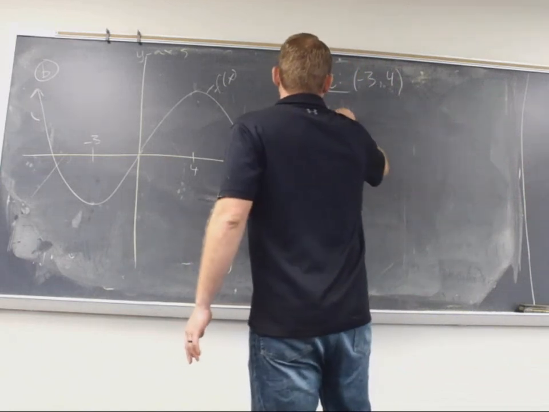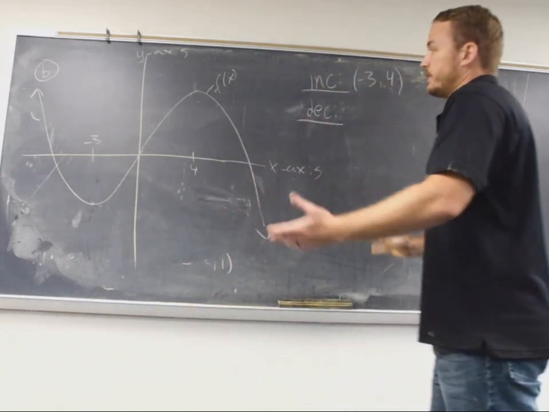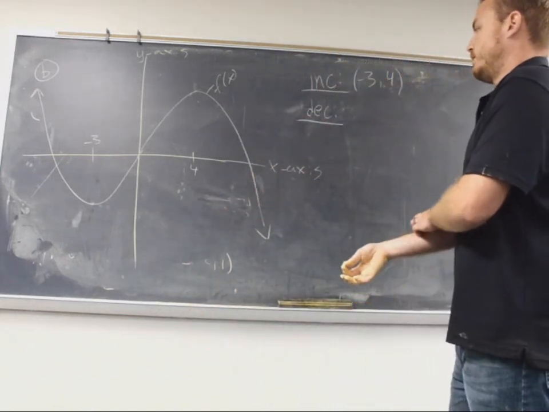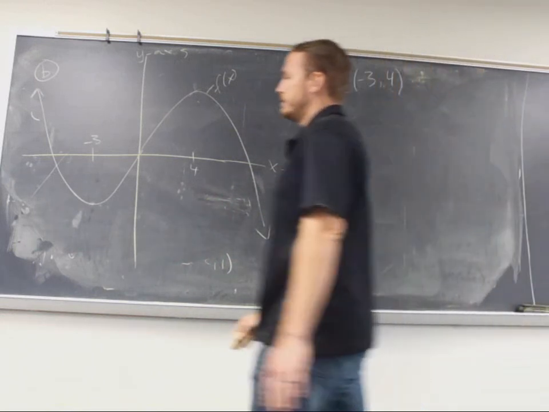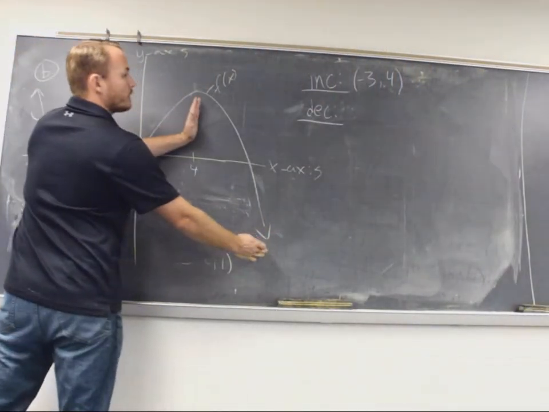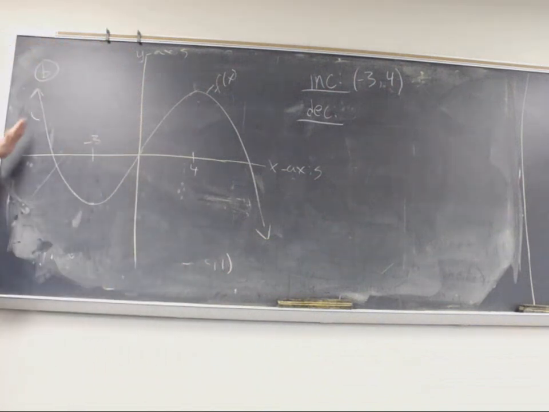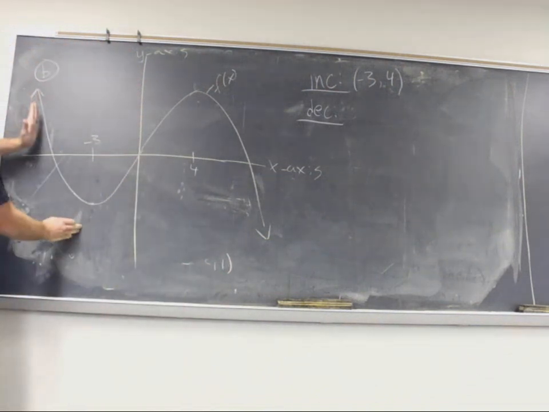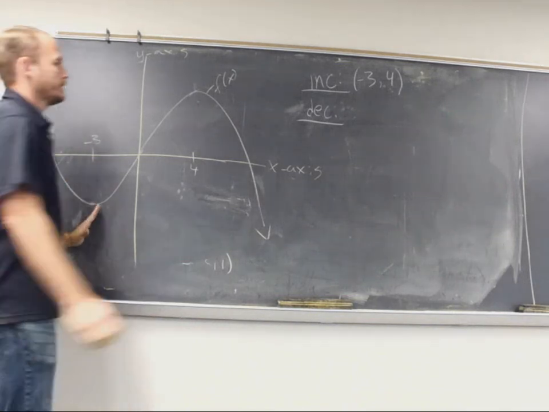And now decreasing, I can see that it's decreasing in 2 spots now. It's decreasing here and here. So the smallest value, if this goes to negative infinity and it decreases all the way to -3.